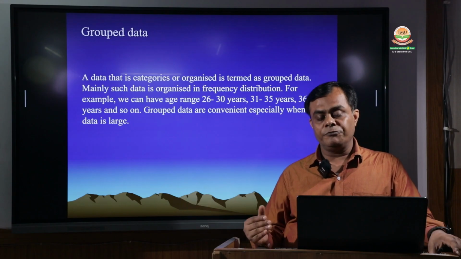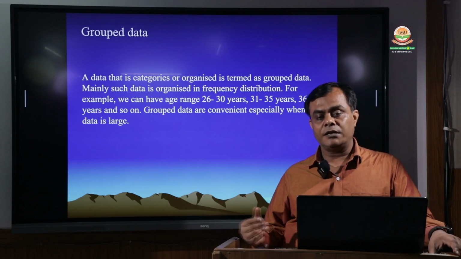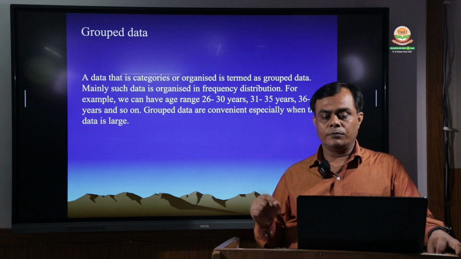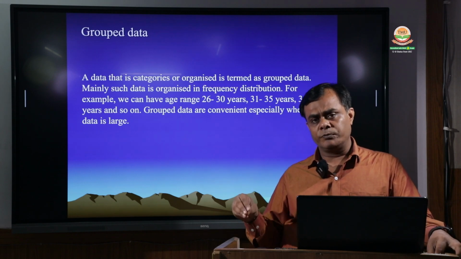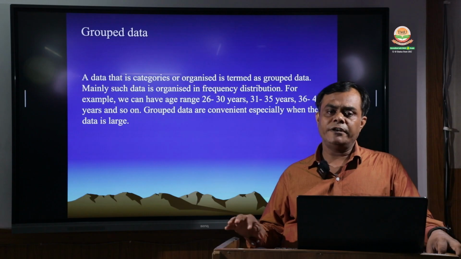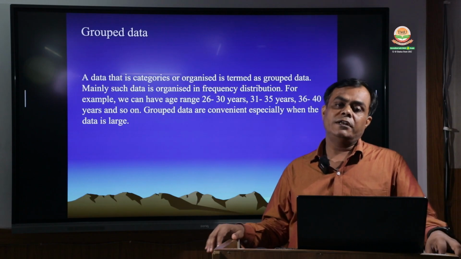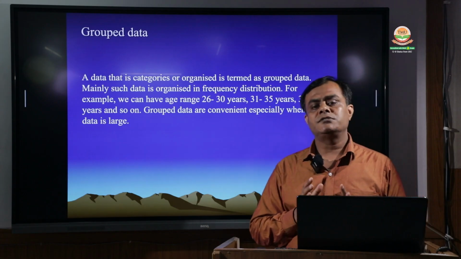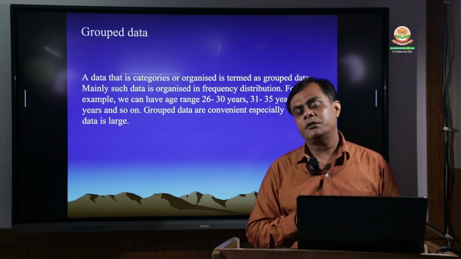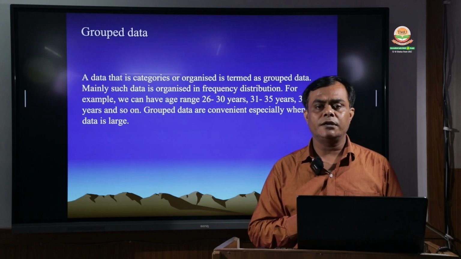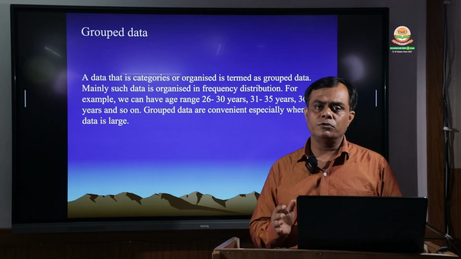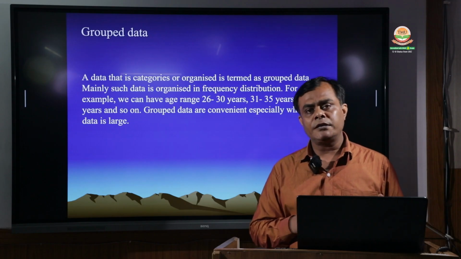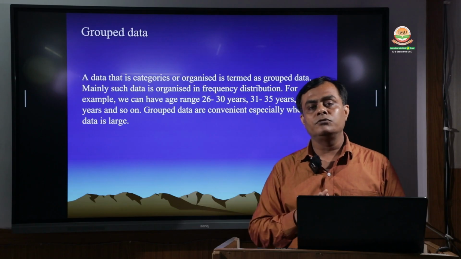If we have data of this kind, it is called grouped data. So when data is in a group, it is called grouped data, and when data is in an individual format, it is called ungrouped data. Keep this simple understanding in your mind.